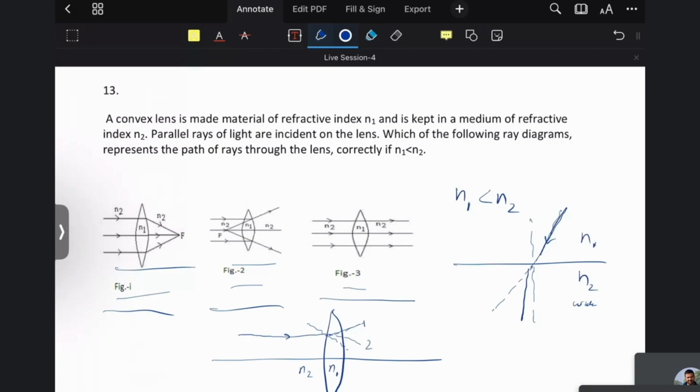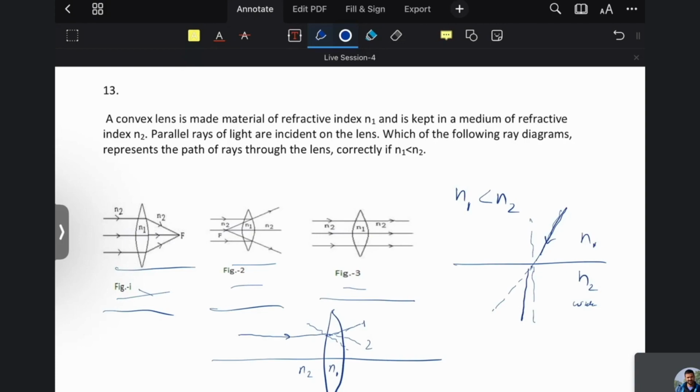First, no, not true. So like I showed here, this n1 is the rarer medium. Okay, so light will bend away from the normal. Okay, sir, I think figure 2 is the correct one. Yeah, figure 2 is correct.